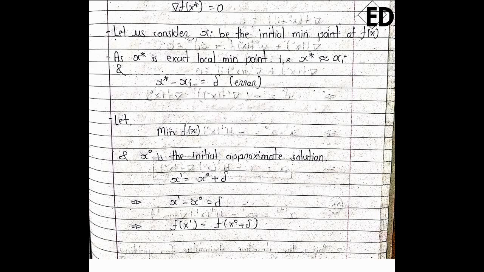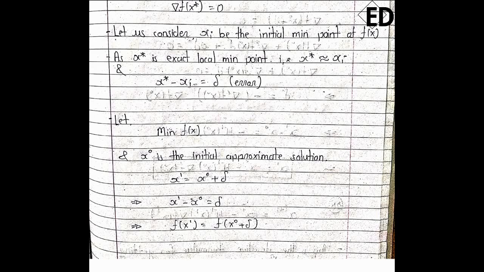By using x0 we can solve our function, but we know that there is some error between our exact point and our approximation point. Let's say this is our next best solution, meaning the next minimum point. This is our initial point, and there is some error between our final approximation and initial approximation.